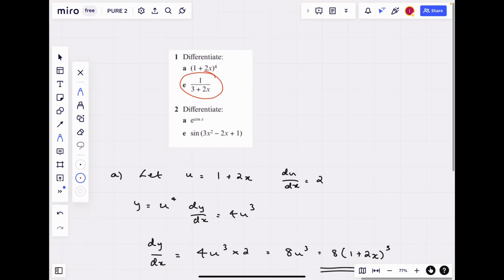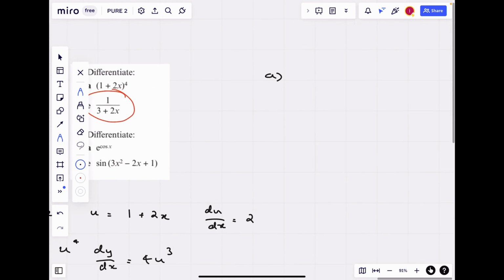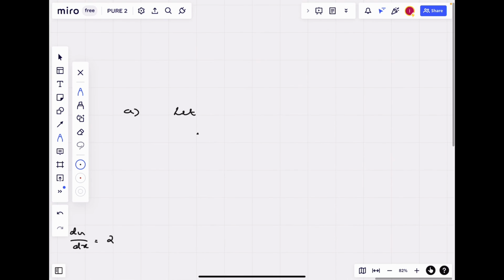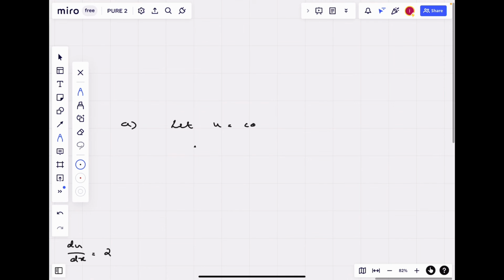Okay, next one, 2a. 2a is a little complicated. You have e and you have trig in the same function. So, the thing making this complicated is the cos. Let's say if it were e to the power of 2x, that's easy, you have a rule for that. Cos is what's making it difficult. So, I would say let u equal cos x, which means y equals e to the power of u.